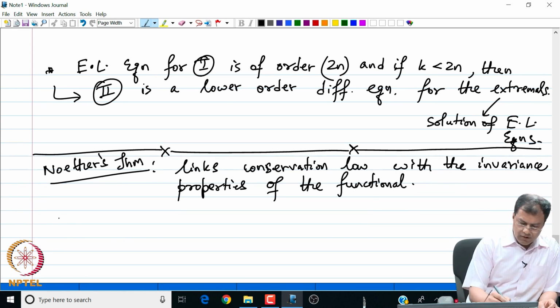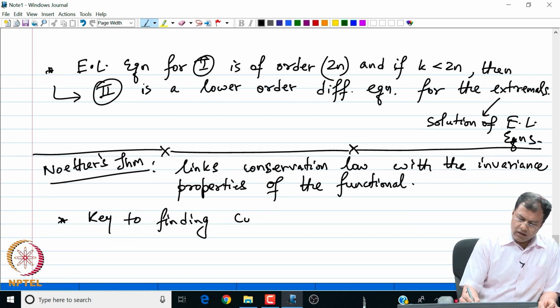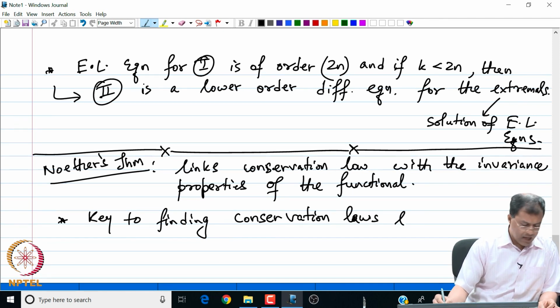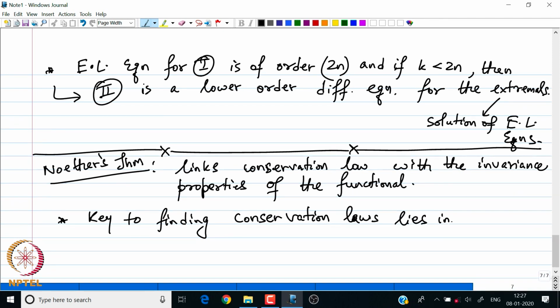So, the key to finding conservation laws lies in finding symmetries, right, or the invariance properties of the functional.